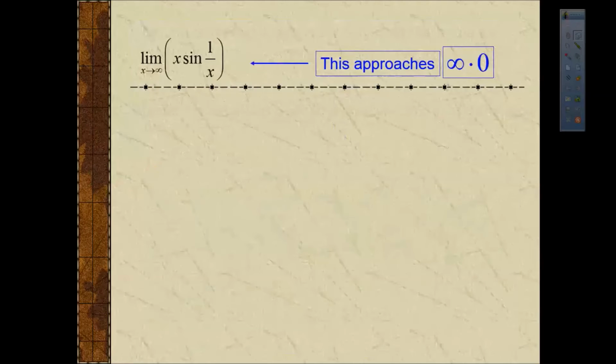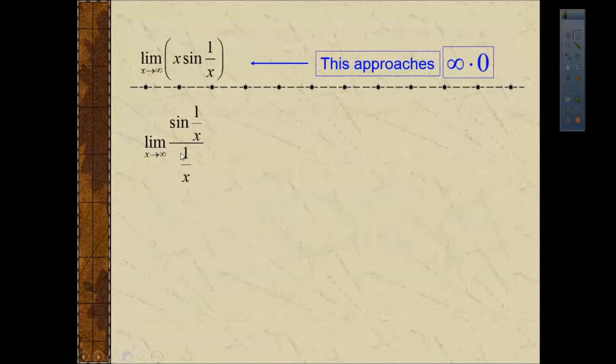What we're going to do is apply L'Hopital's rule, but first we need to turn this into a fraction. What sort of fraction could take the place of x sine of 1/x? Let's think back to our warm-up, where we had some fractions that we reduced to a simpler form.